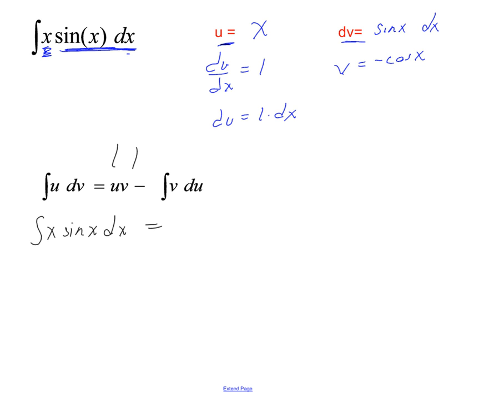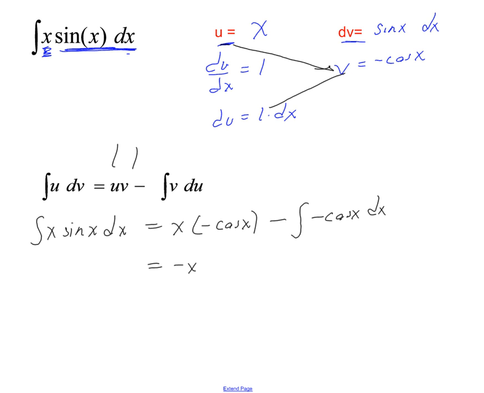Well, here's u, here's v, so I'm going to have x times minus the cosine of x, minus the integral of v du, which is minus cosine x dx. So let's simplify that.